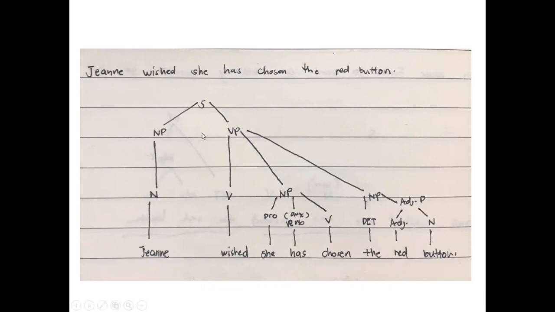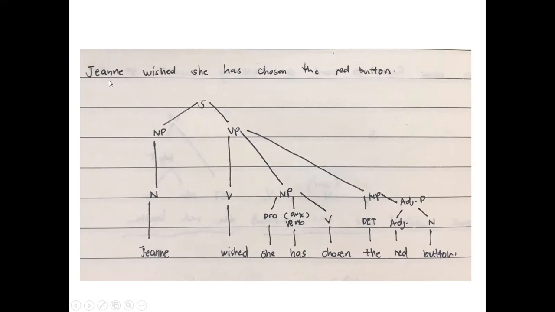So we have a verb phrase in here. In the verb phrase we have wished, which alone is so simple, and she has chosen. Even when we say John wished, she has chosen, it still has a thought.